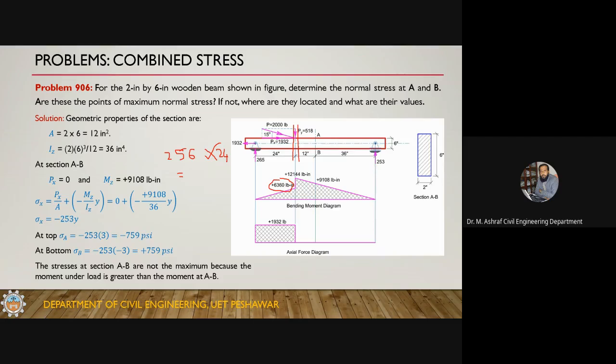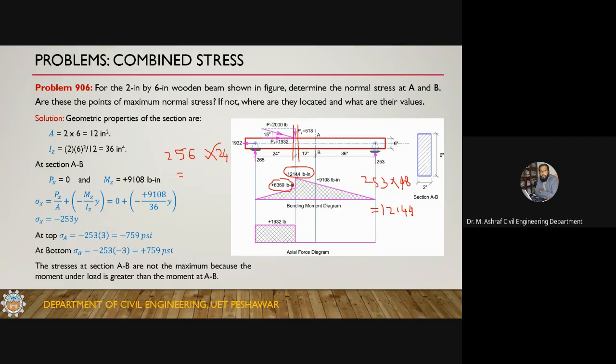So 253 into 48 will result in 12144. And since this is a concentrated force, I can join it like this.